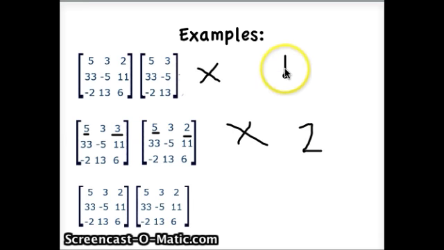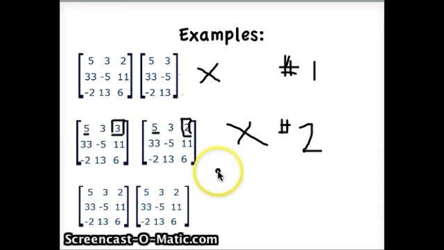This one was not equal because of condition number 1, which said that you need to have the same number of entries and the same number of rows and columns. Condition number 2 says that you have to have equal corresponding elements, and you see in this section right here, they do not have equal corresponding elements.